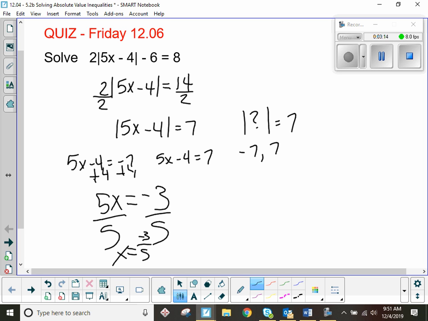X equals negative 3/5. Very good. That's okay. And then do the second equation, too.